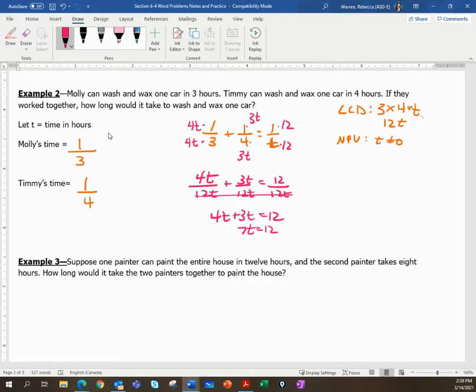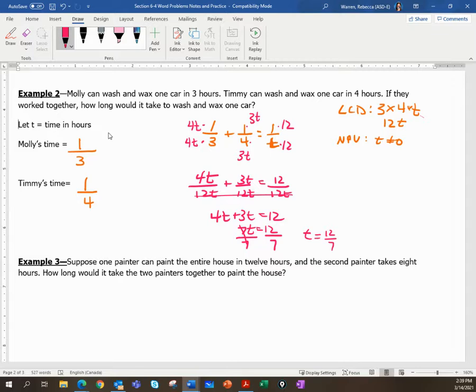T is being multiplied by 7. If I want to solve for t, I do the opposite of multiplying by 7, which is dividing by 7. What I do to one side, I have to do to the other. So notice on this side, that's our simplifying. Those cancel. We are left with just t, and then t is equal to 12 over 7.